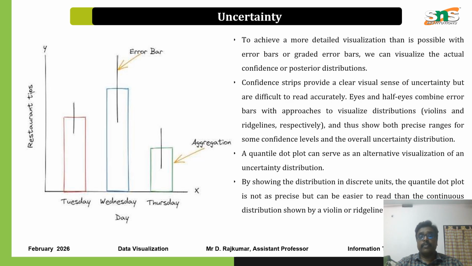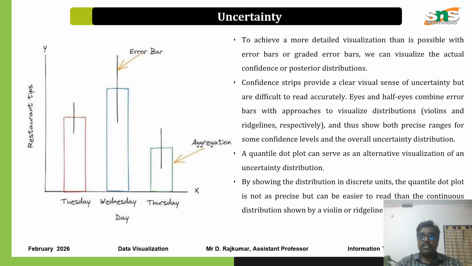The next issue with uncertainty is achieving a more detailed visualization than is possible with error bars and graded bars, so that we can visualize the actual confidence or posterior distributions. Confidence strips provide a very clear visual sense of uncertainty, but they are very difficult to read accurately. Eyes and half eyes combine error bars with approaches to visualize distributions.